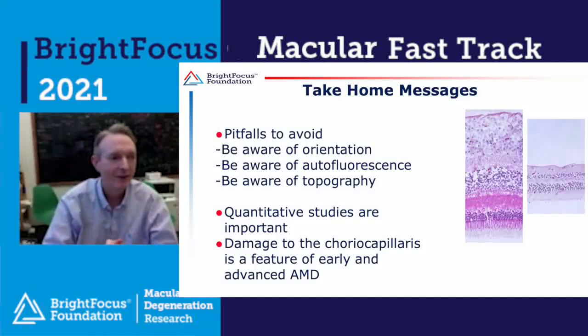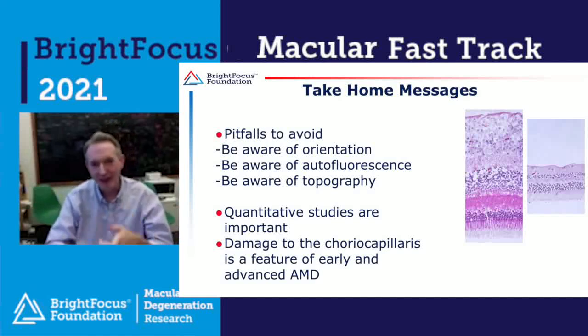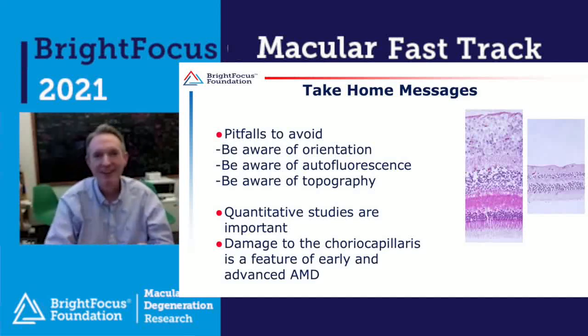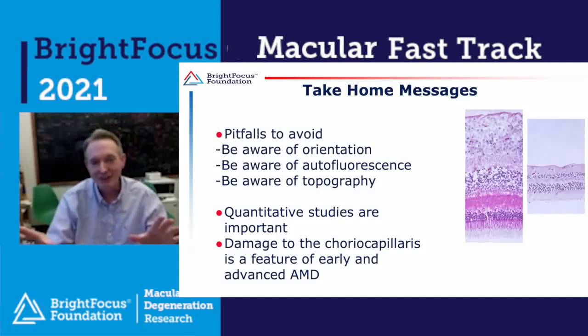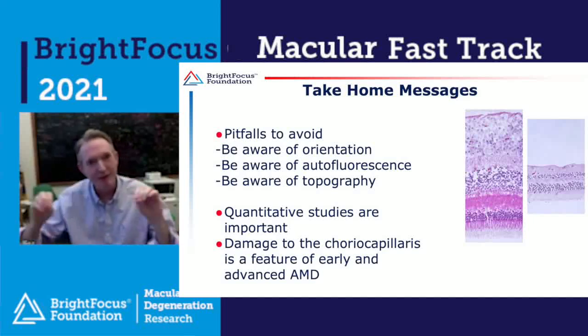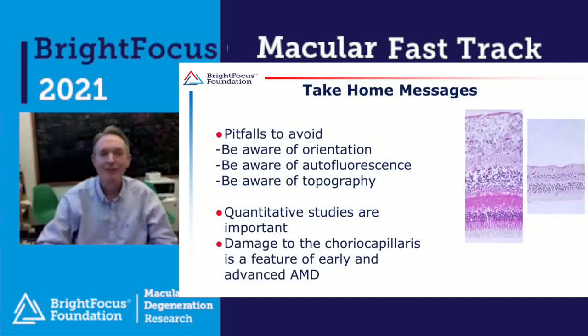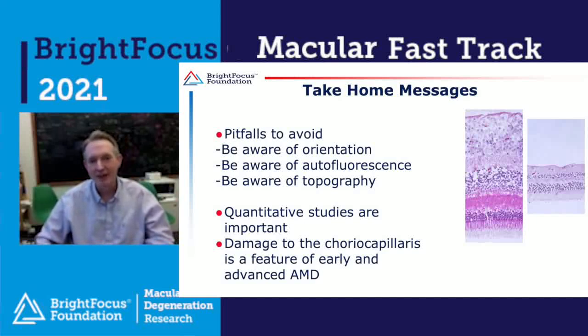So having people doing the measuring who don't think that their livelihood depends on a certain outcome, and who aren't invested in terms of the paper, in terms of what they find, or don't even know, doing masked studies where somebody can measure or count something is really valuable to the field. So I encourage you to do that. And then the damage to the choriocapillaris is a feature of AMD that needs to be considered when people think about this disease. I think that is also a take-home message.